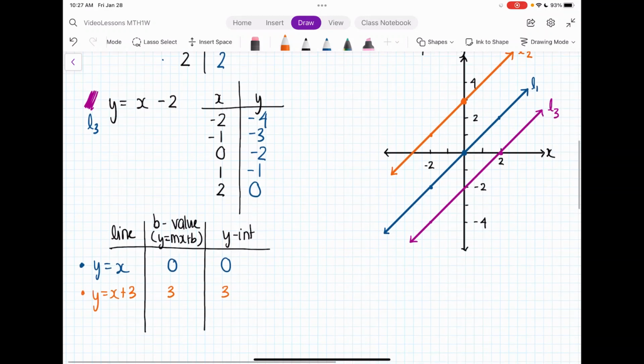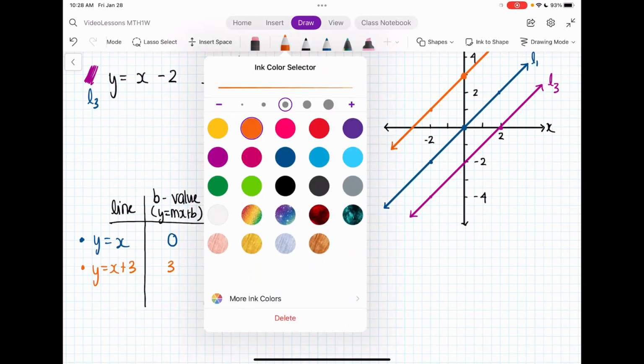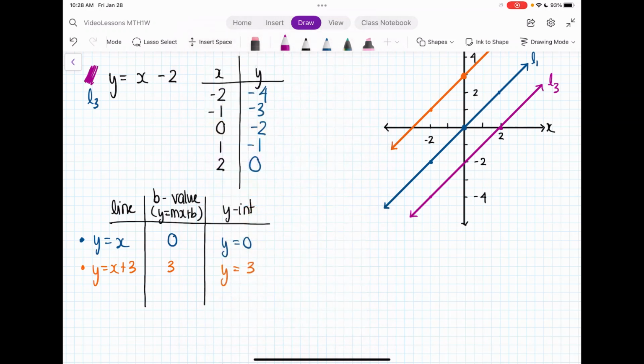Okay? So I'm actually going to write it like this for us. I'm going to write y equals 0, y equals 3, and then let's do the last line, which was y equals x minus 2.